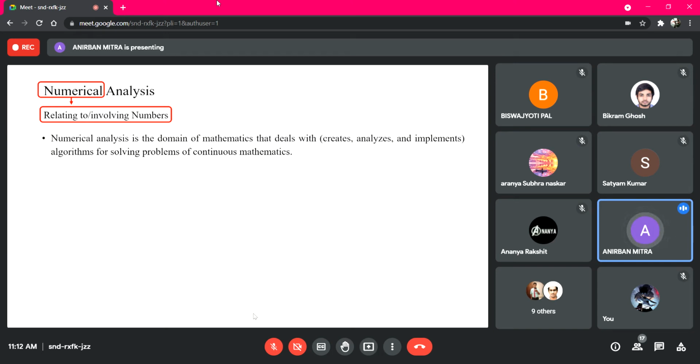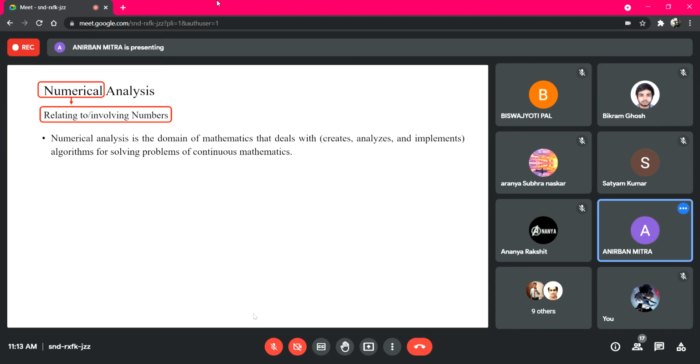Let's say, for example, you consider the Fibonacci series. So it is 1, 1, 2, 3, 5, like that. These are discrete numbers. You cannot have another Fibonacci number in between 3 and 5. That would be violating the definition itself. So that is the distinction between continuous mathematics and discrete mathematics.